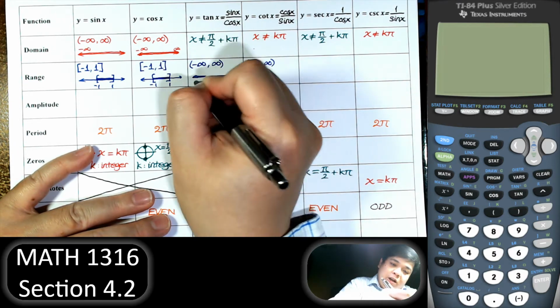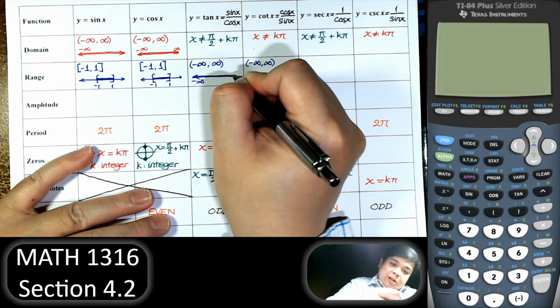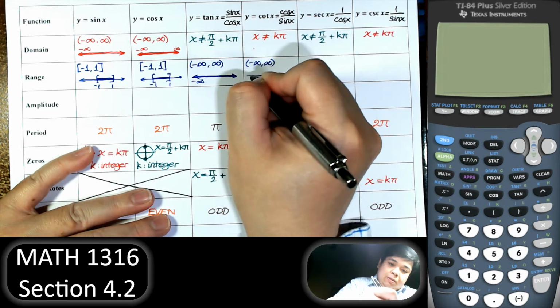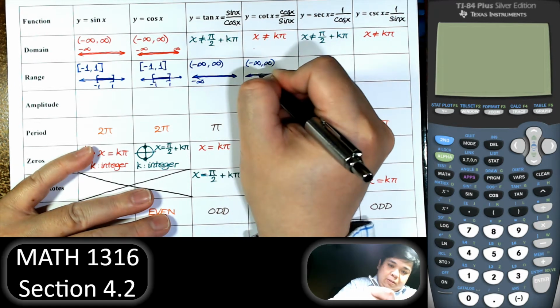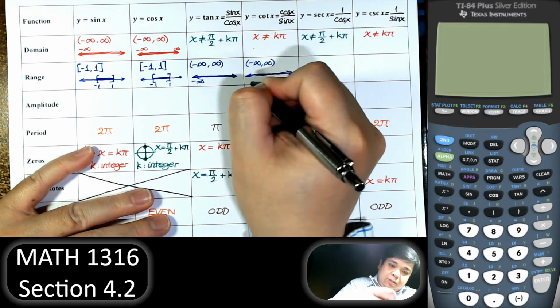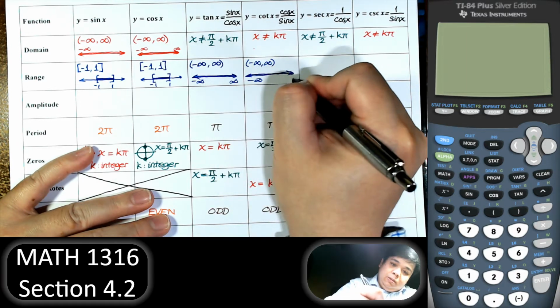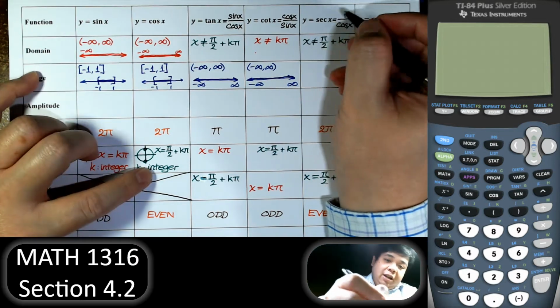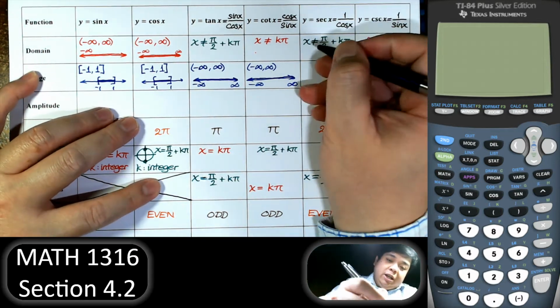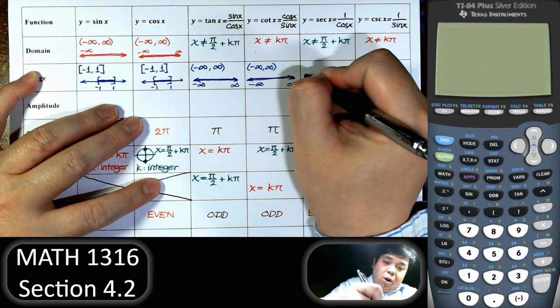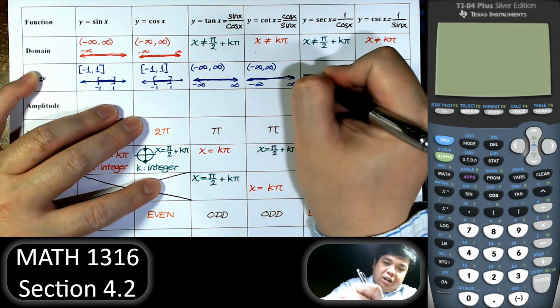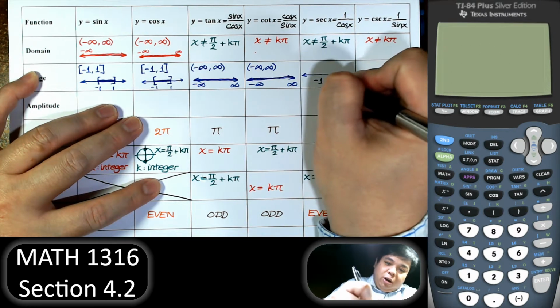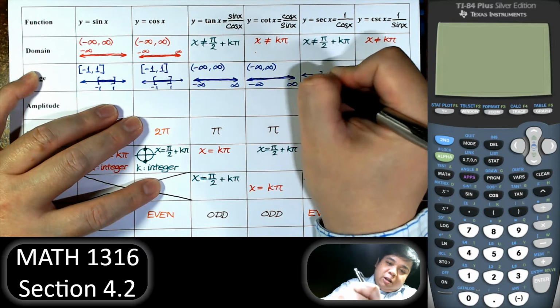So the whole line. And the range for secant and cosecant are everything but between -1 and 1. So if I draw the number line, -1, 1, it will be on the outside.